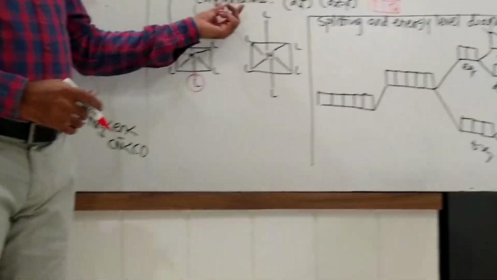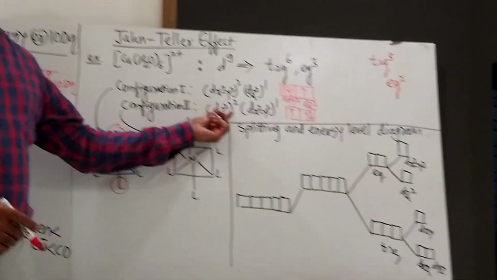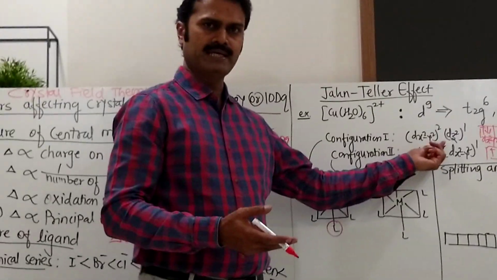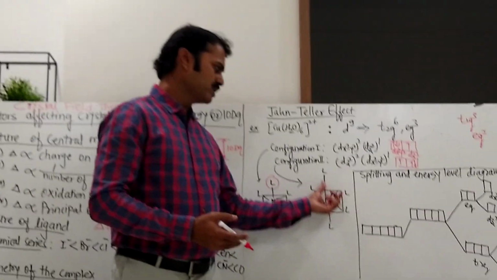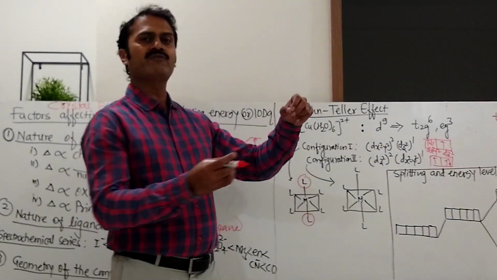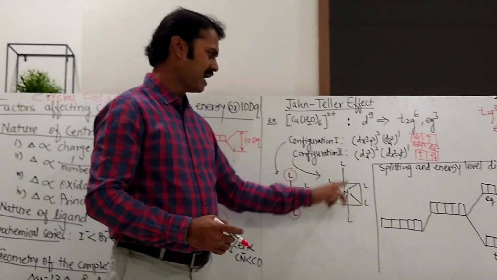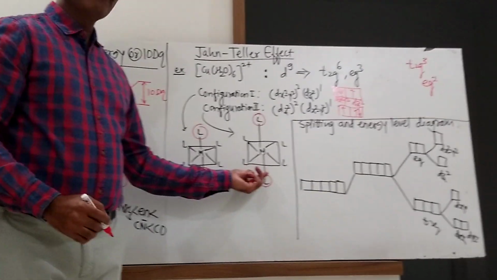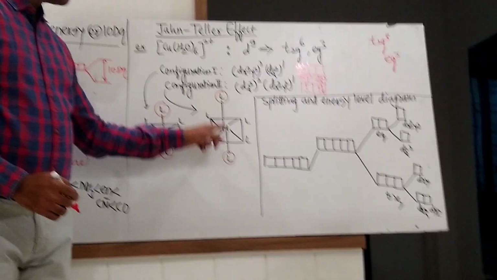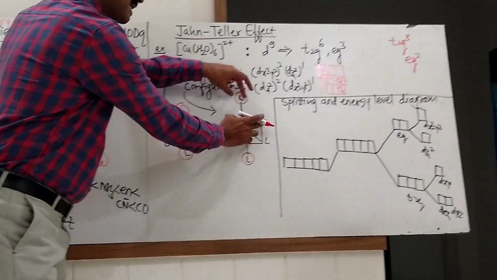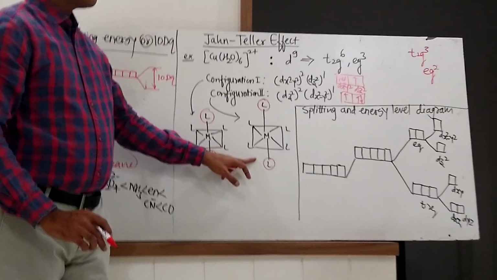On the other hand, if the configuration is such that dz2 has 2 electrons, the ligands which lie along the z axis will lie away from the metal ion. In the second diagram, we can see that these ligands are comparatively away from the metal as compared to the other ligands.